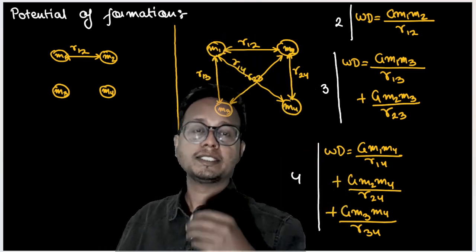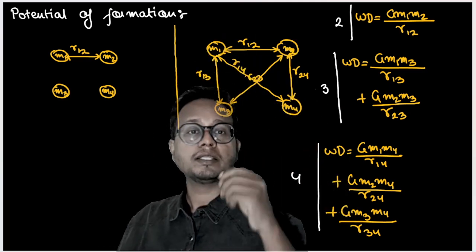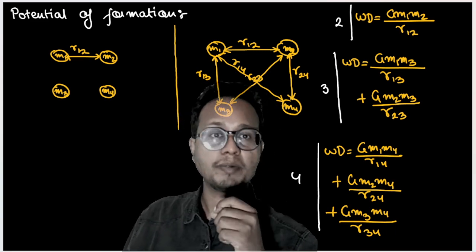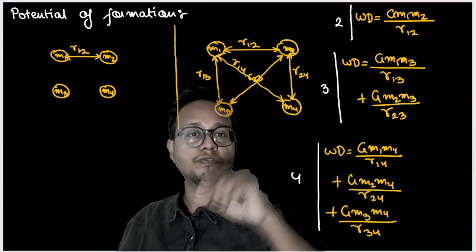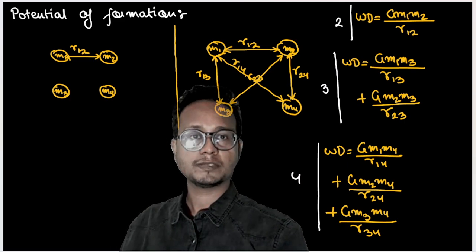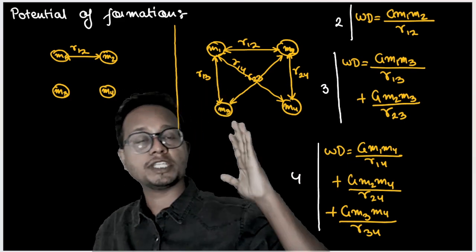What I'm trying to say is, suppose I bring a fifth particle. The work done by gravitational force to bring the fifth particle is nothing but G m1 m5, G m2 m5, G m3 m5, G m4 m5. Understood? So this is the potential energy of formation.